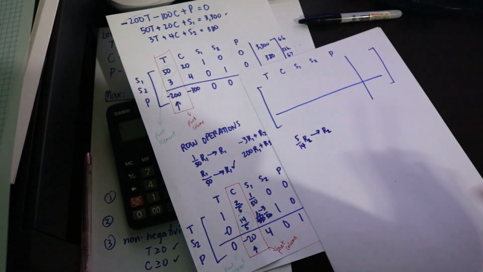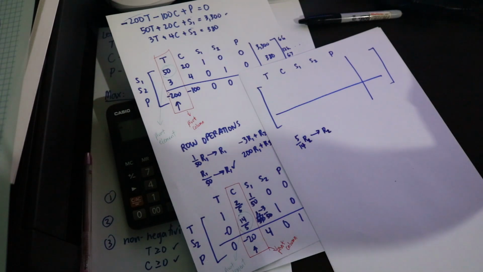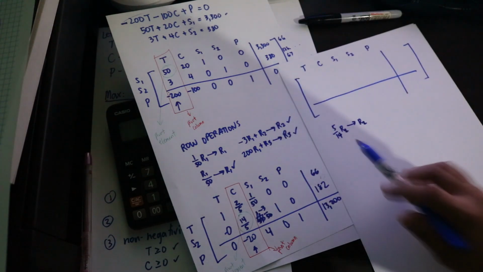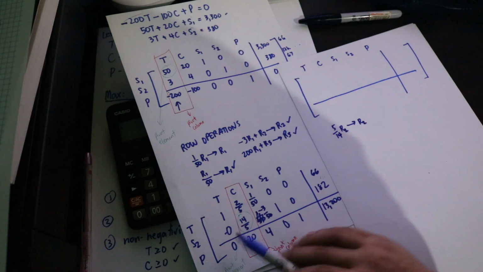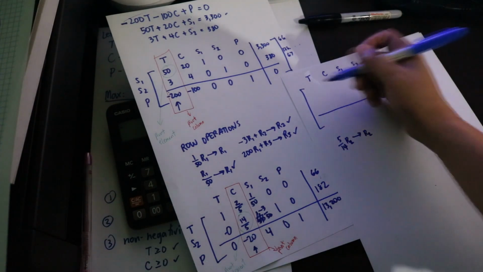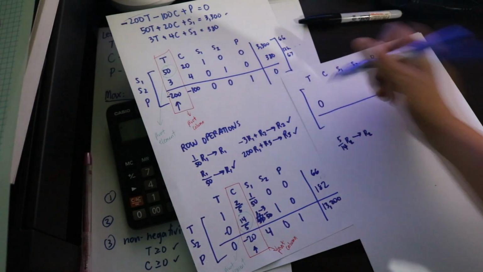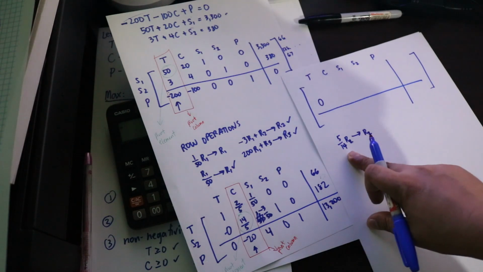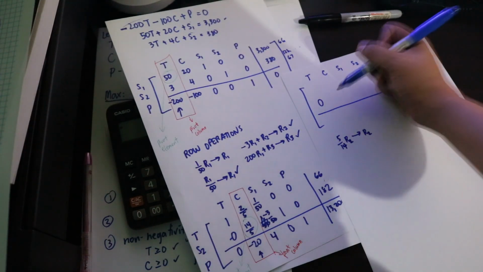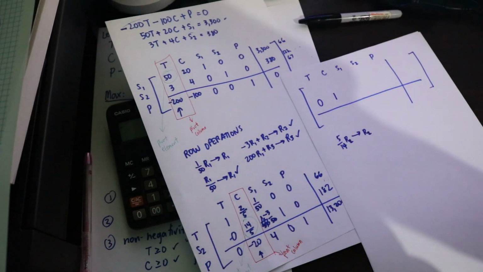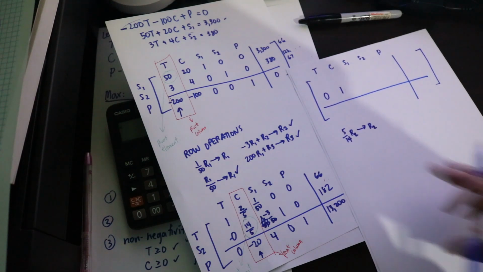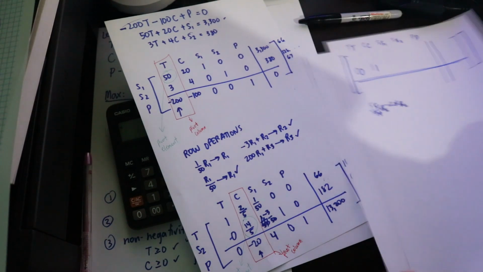So 5 over 14 times 0 is 0. 5 over 14 times 14 over 5 would be 1. 5 over 14.